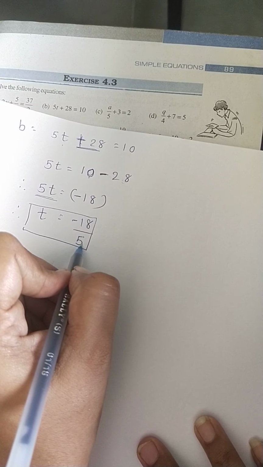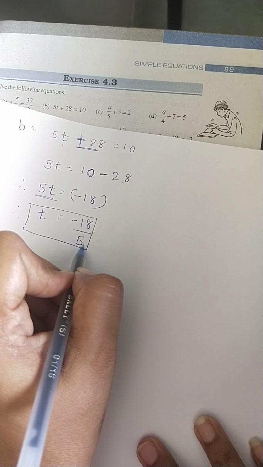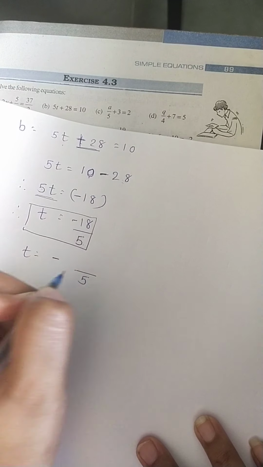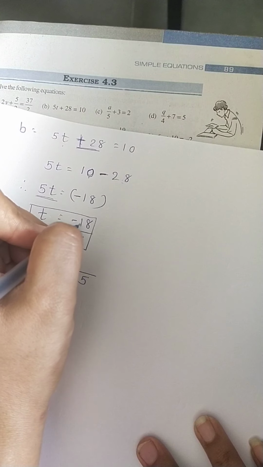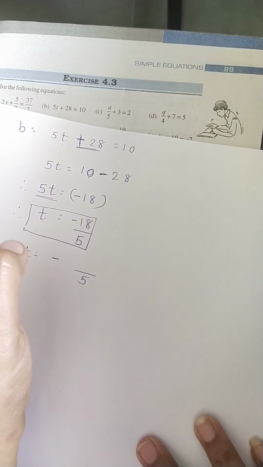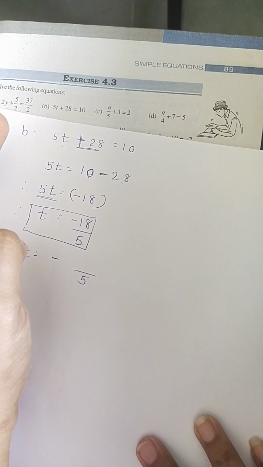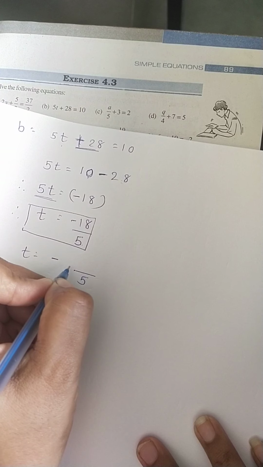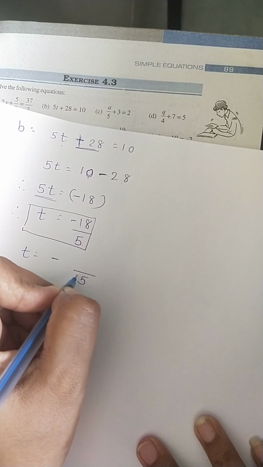If you want to convert it to a mixed fraction, then you can. Then your sign is, 5 ones are 5. Say the table of 5 till or less than 18. So 5 ones are 5, 5 twos are 10, 5 threes are 15, 5 fours are 20.